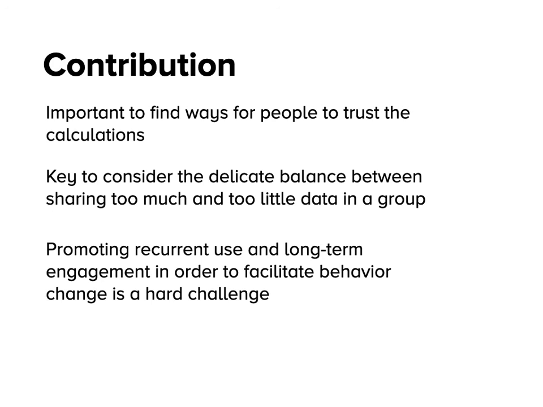As in the case with our participants, being part of a group and being compared to others leading similar lives was important. Promoting recurrent use and long-term engagement was also mentioned as a challenge, and the introduction of groups and the use of transaction data is a promising start, but additional functionality might be needed to retain users over time.